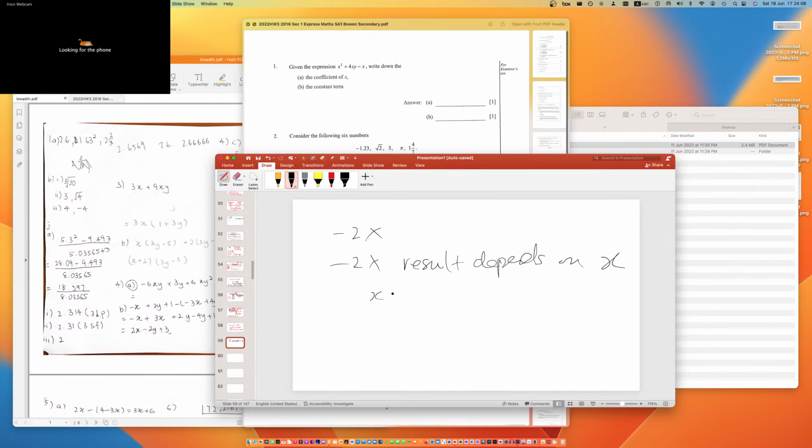Your x can be 1, it can be 2, it can be 0.5, it can be negative 2. Negative 2 times 1, you get negative 2. Negative 2 times 2 is negative 4. Negative 2 times 0.5, negative 1. Negative 2 times negative 2, positive 4, right?